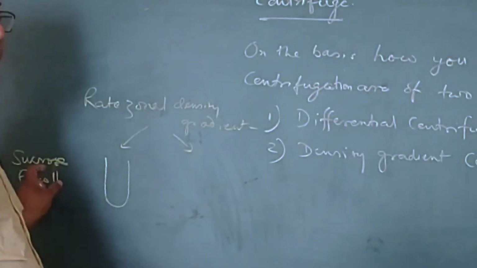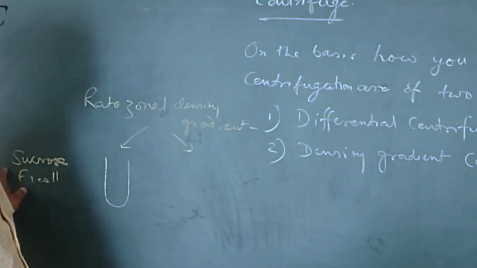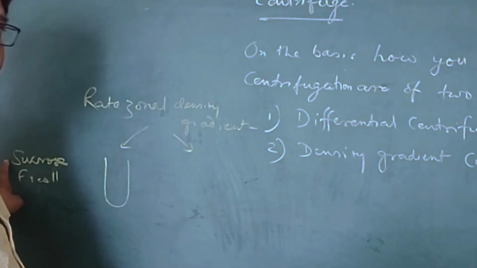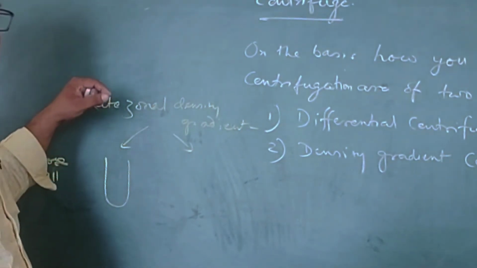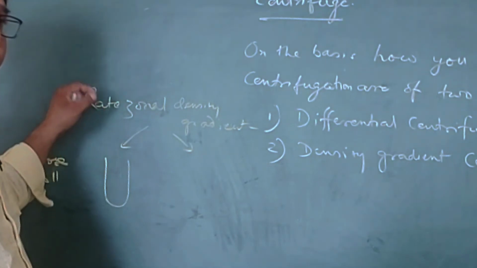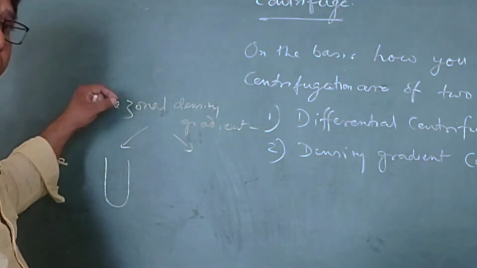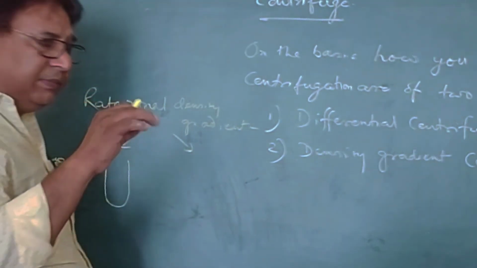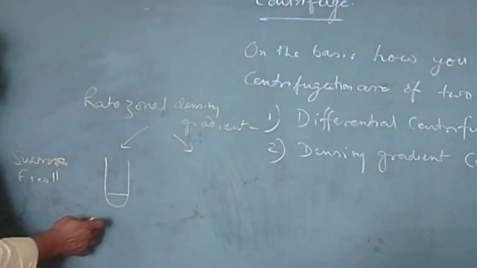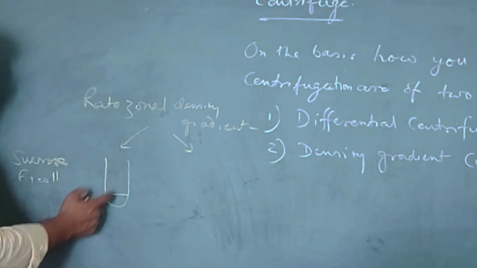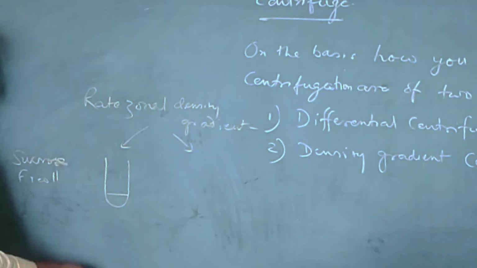And you make different densities of these. You have different concentrations of sucrose, one higher concentration, one medium concentration, one lower concentration. In other words, one higher density, medium density, lower density. And you layer them one after another. So this is the higher density. First you pour the higher density one.